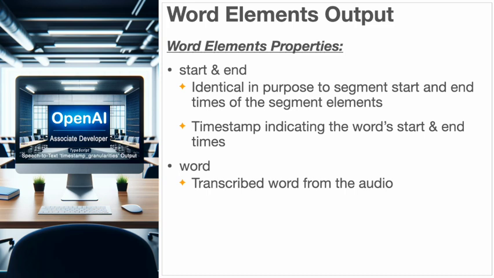These are identical to the start and end properties of the segment elements and identify the timestamp in the audio, showing when the word started and the time the word completed. And for the word object, you have the word property, which is exactly that, the word that has been transcribed from the audio. For each word in the word array, this is all there is to the complexity of each element in the words array.